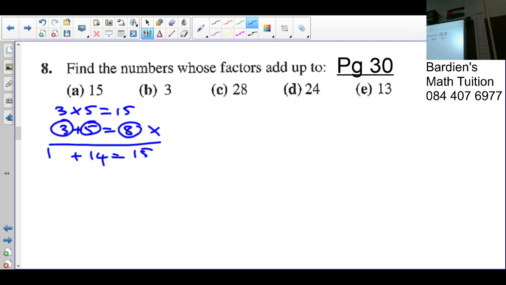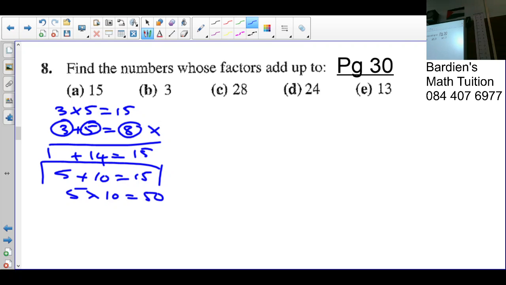It doesn't make sense. Because I got 5 and 10 also add up to 15. But if you make them factors, that will be 50.